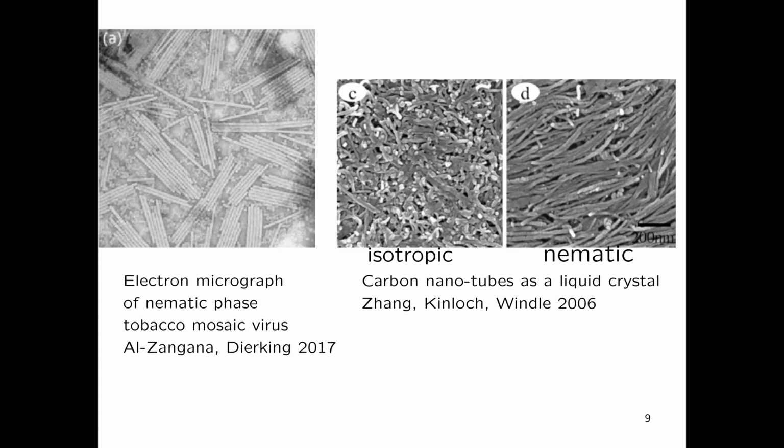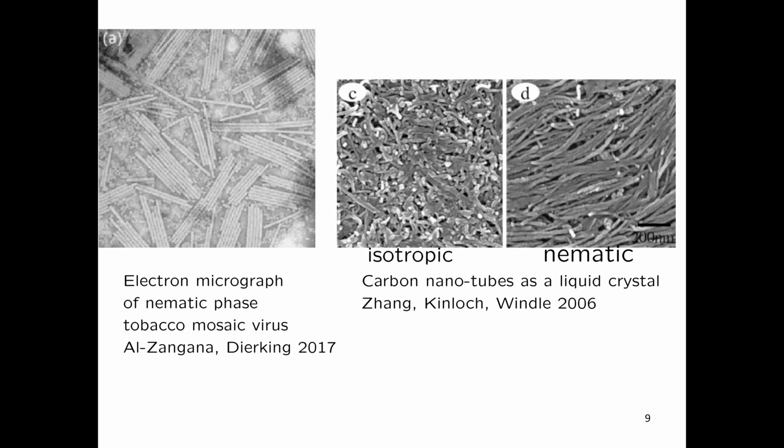And this one's quite interesting. This is carbon nanotubes. So you take lots and lots of carbon nanotubes, and you vary the various conditions. So in this picture on the left, it's sort of isotropic. They're pointing in more or less any direction. And on the right, it's nematic. So you see that there's, for example, in this region, they're more or less pointing in this direction.